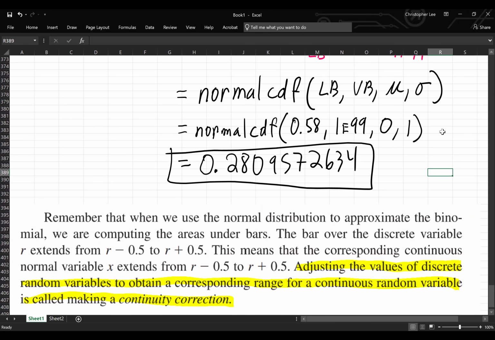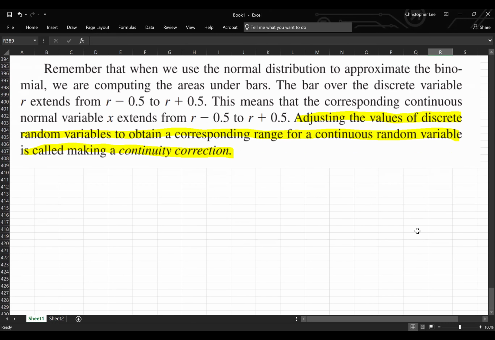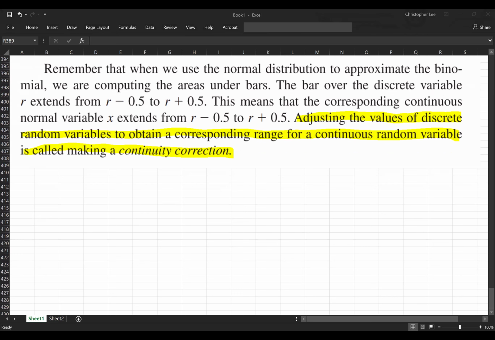This means that the corresponding continuous normal variable x extends from r minus 0.5 to r plus 0.5. Adjusting the values of discrete random variables to obtain a corresponding range for a continuous random variable is called making a continuity correction. All right. Those of you that are going to switch your major and take calculus, remember that. Continuity correction.